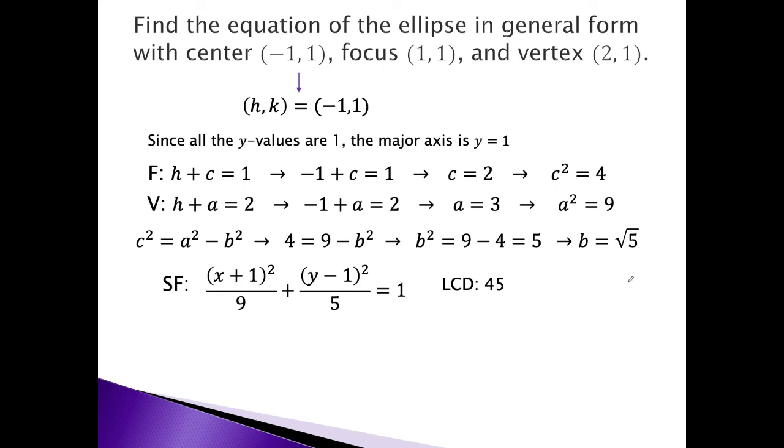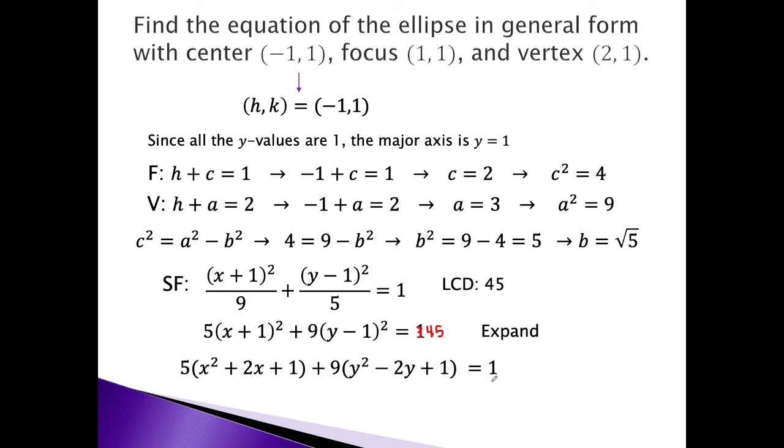Our LCD is 45. When we multiply through by 45, we get 5 parentheses x plus 1 squared plus 9 times y minus 1 squared equals 45.